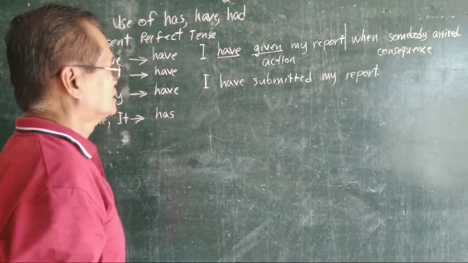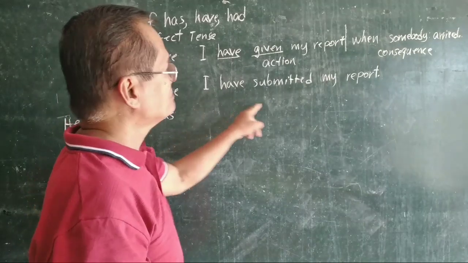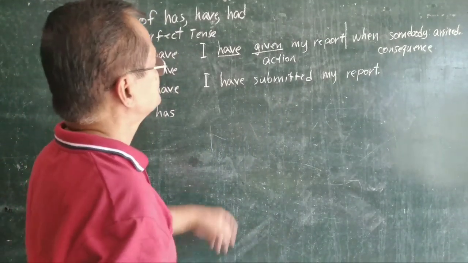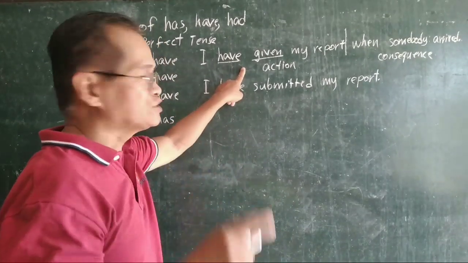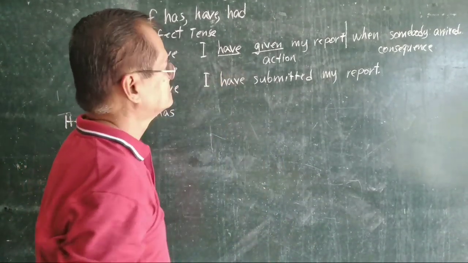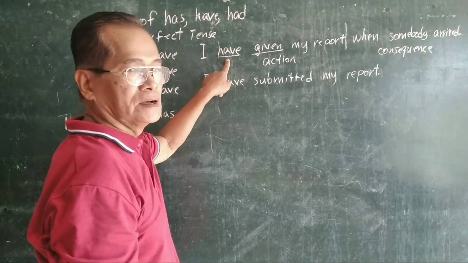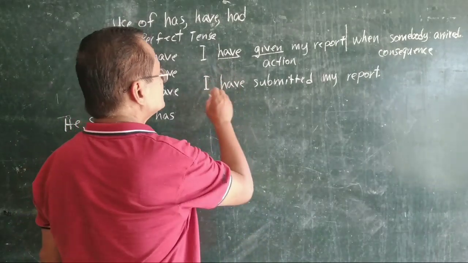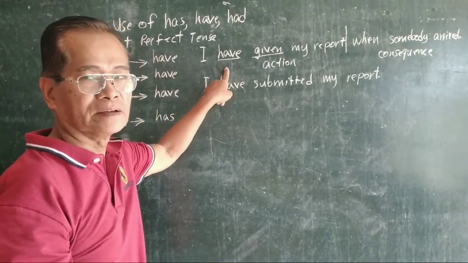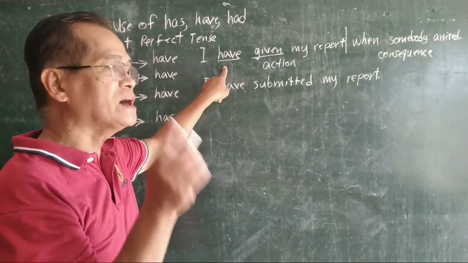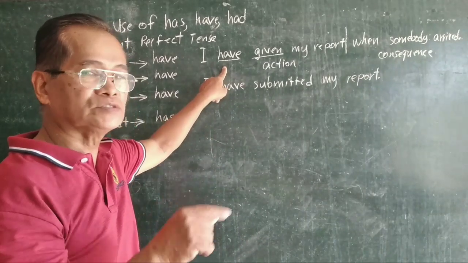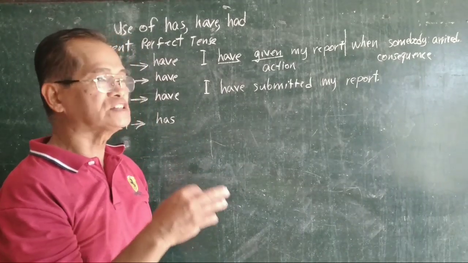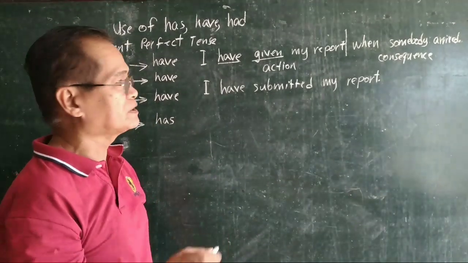Alright. Next, I have submitted my report. By the way, there is another function for the verb have here. The function of this verb is also a transitive verb. Why? In my other video, I have discussed that the function of a transitive verb is to transmit action to the receiver.